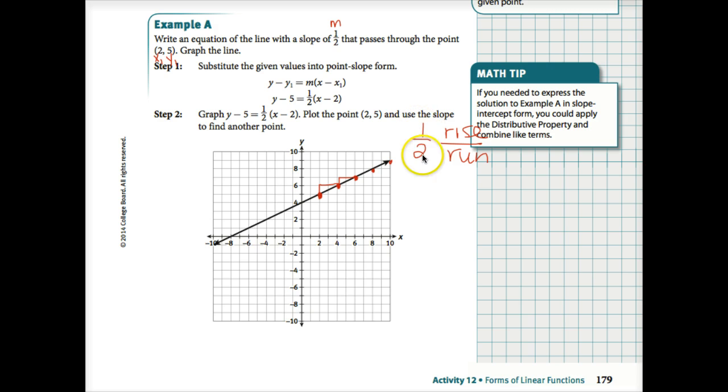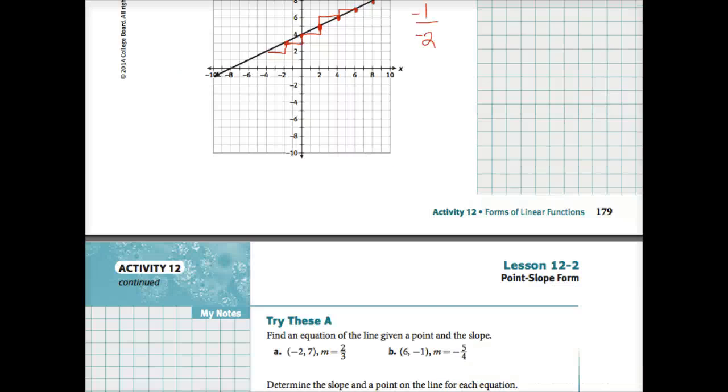Remember that 1 over 2 gives you 1/2, but negative 1 over negative 2 also gives you 1/2. So you can see here, if I go down 1, left 2, down 1, left 2, I get the additional points on the line there. So we wrote the equation, and then we graphed the line using our new form, point-slope.